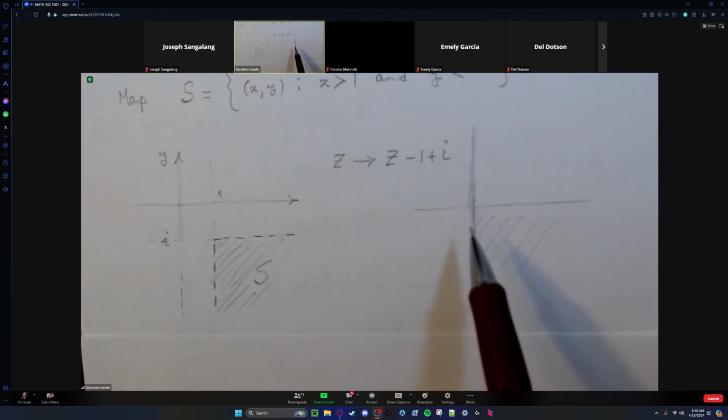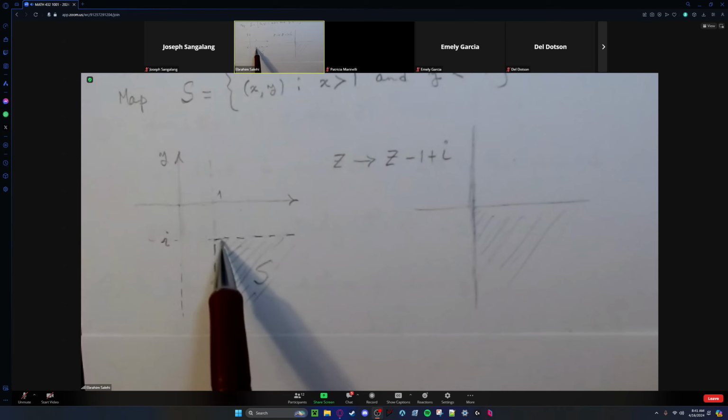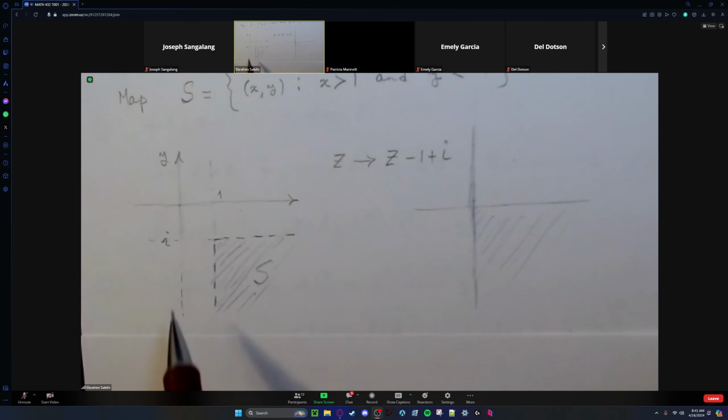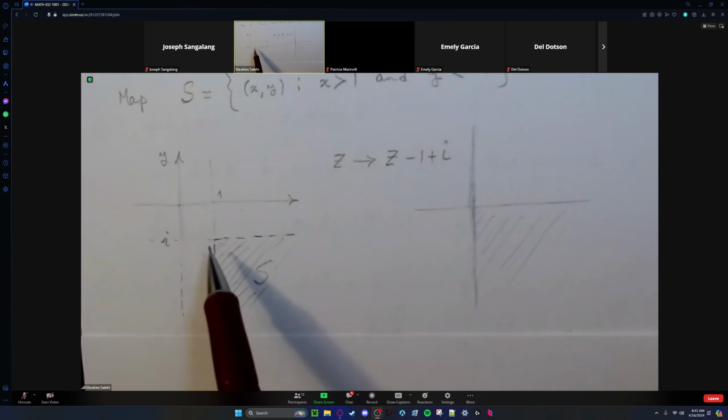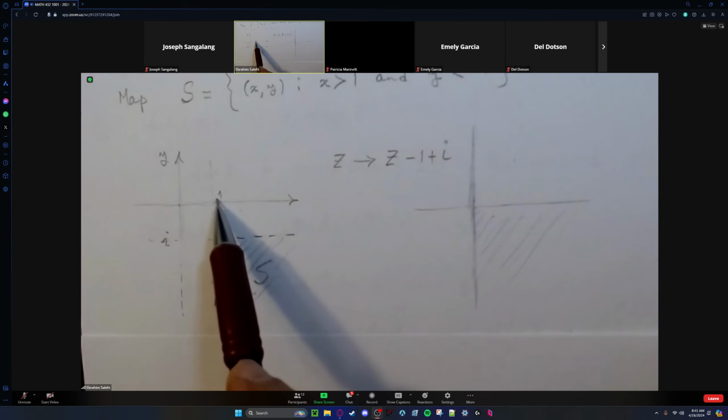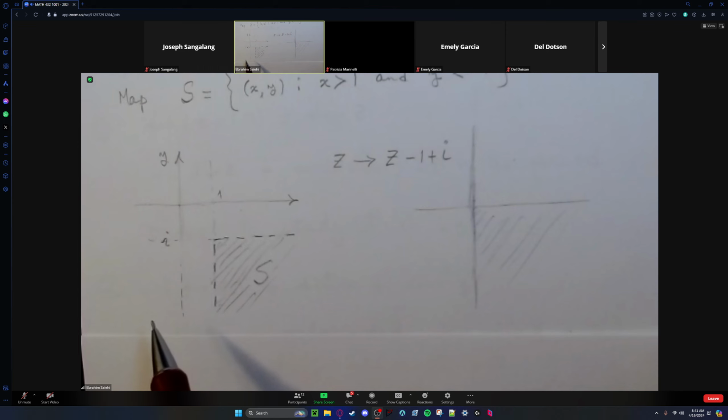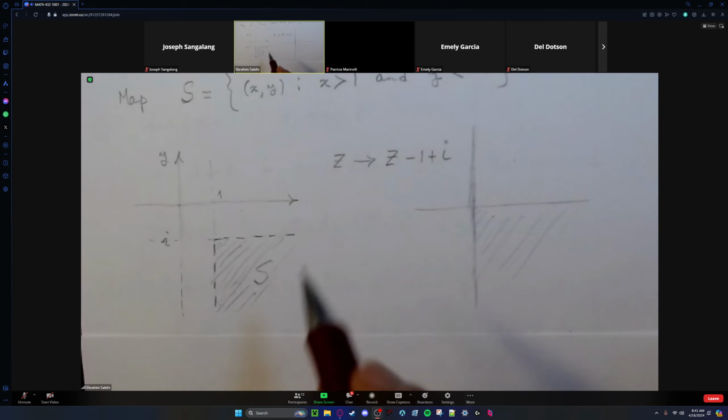In order to bring it up 1 unit, you subtract 1, right? Actually, we got to add 1. We need to add 1.